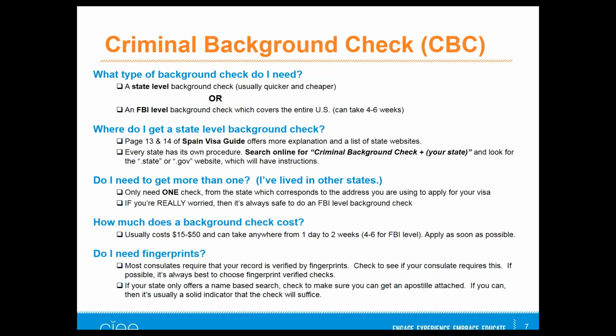So most of the time the results are going to have the form that you filled out, and then on top of that is going to be a signed letter that just says, John Smith's criminal record was reviewed using fingerprints, or in some states, maybe it's a name-based search, but it'll indicate on the letter if it was through fingerprints or just a name-based search. And so that'll be your proof that you got a fingerprint-based search.